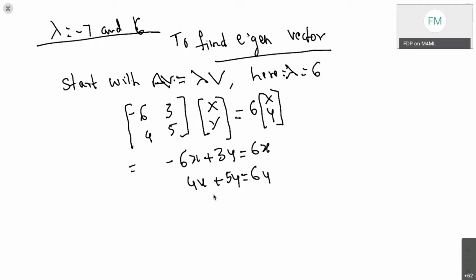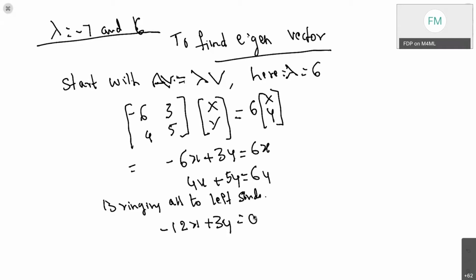Now bringing all to the left-hand side: -12x plus 3y equals 0, and 4x minus y equals 0.